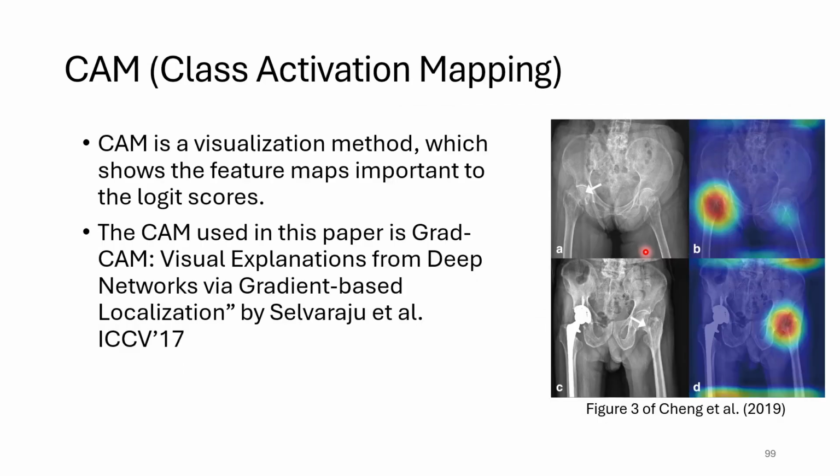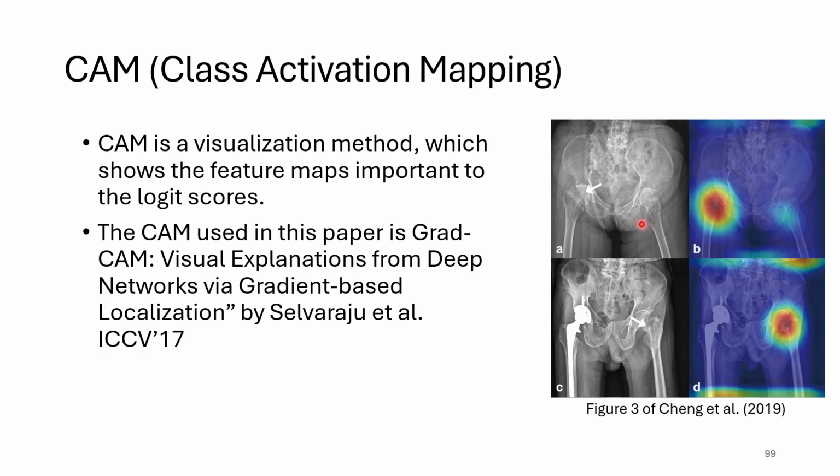Okay, so now they also want to show where the fracture is. I will show you how they generate the CAM, class activation mapping. So this is the result of the CAM. The arrow is added by them, but please imagine, given an image like this, how do you highlight the area where the fracture is?